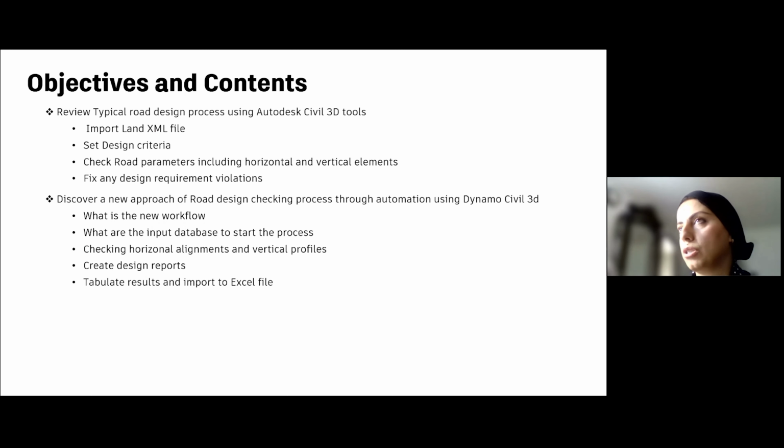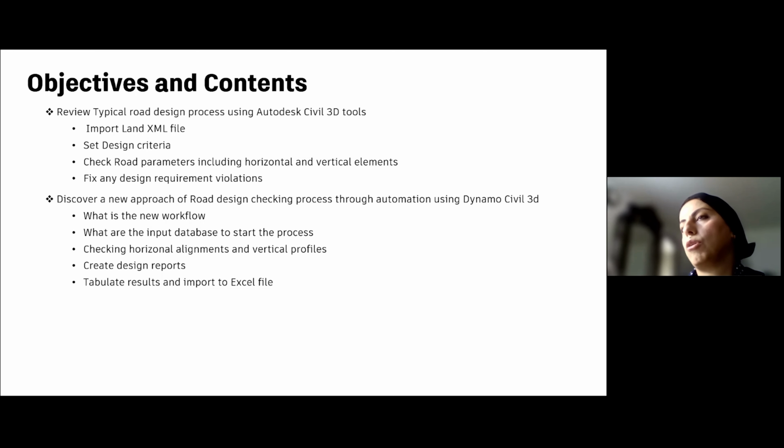As I mentioned earlier, I'm going to discuss the typical road design process using Autodesk Civil 3D tools, including importing the LandXML file, setting design criteria, checking road parameters, including horizontal and vertical elements, and fixing any design requirements violation.